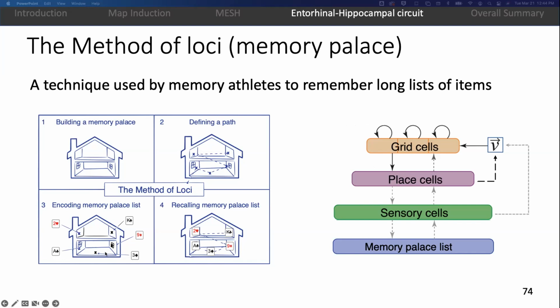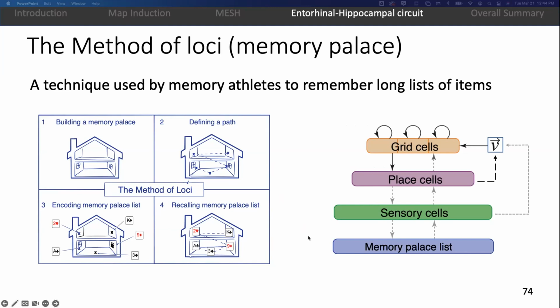And when they have to recall this memory palace list, they imagine themselves navigating through this environment, and they try to recall what objects they see in that environment. And as a result, they recall the specific list items that they had placed on each of the objects in this environment.